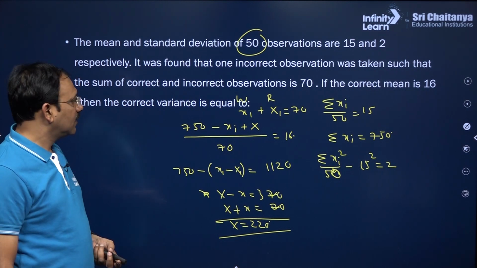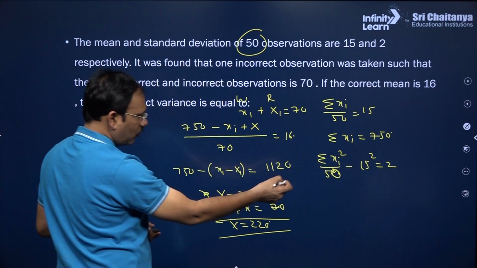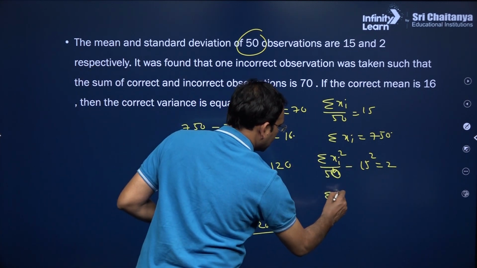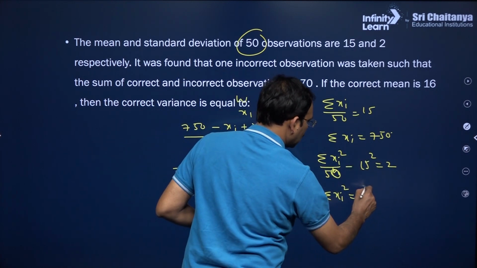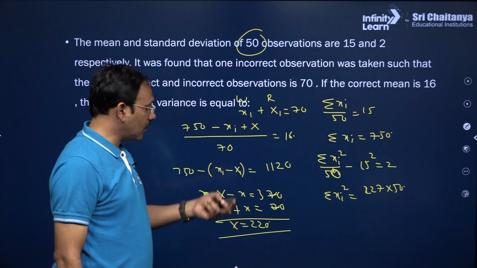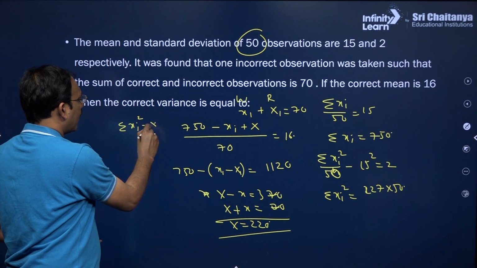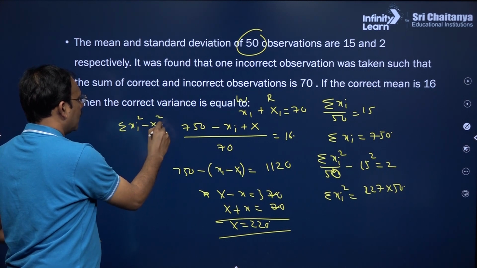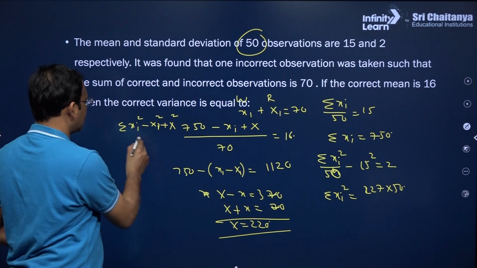yes, you can just find from this. The old one you can remove. From this you just find the sum of small xi square, this is 225 plus 2 is 227 into 50, my dear friends. From this sum of small xi square, you remove x1 square and add capital X square, because you are going to get capital X and small x.